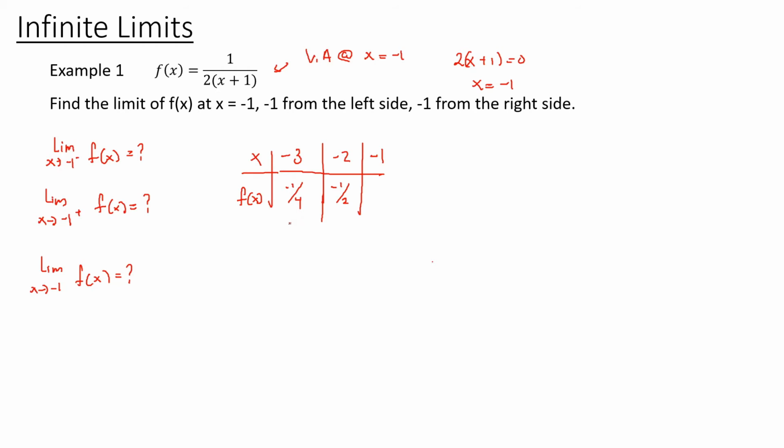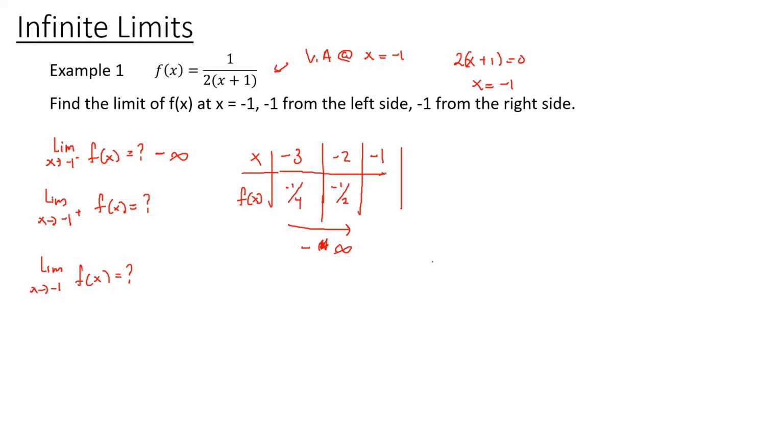Notice that as it gets closer and closer to negative 1, that number is getting bigger in negative value, negative 1/4, negative 1/2. If you were to choose another one, you probably will get something bigger in negative value, which means it is approaching negative infinity. So the answer comes out to be negative infinity from the left side.